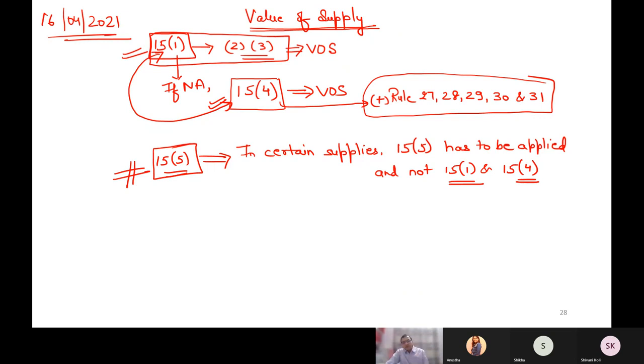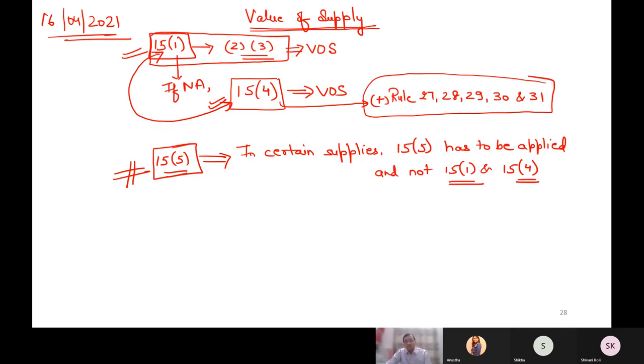Otherwise, what is the concept? Apply 15.1. If 15.1 is not applicable, apply 15.4. But I cannot say that if 15.4 is not applicable, apply 15.5. I cannot use this language. 15.5 has to be applied.